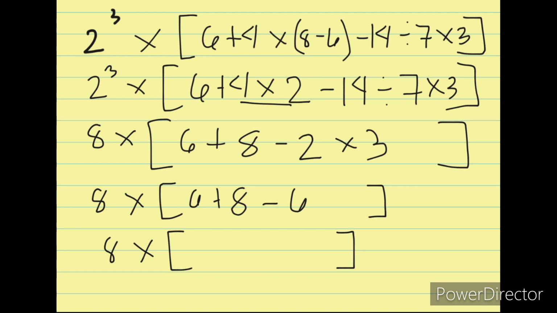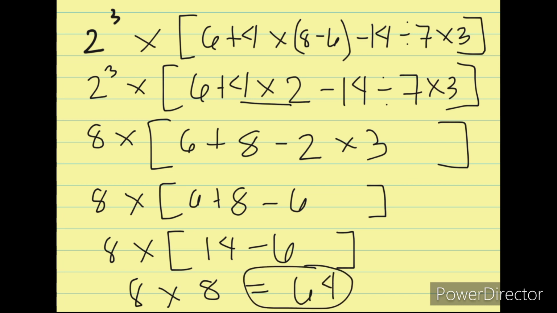So 6 plus 8 is 14. Then minus 6. So 8 times 14 minus 6 is 8. So 8 times 8 is 64. So this is now the final answer, which is 64, using the GEMDAS rule.